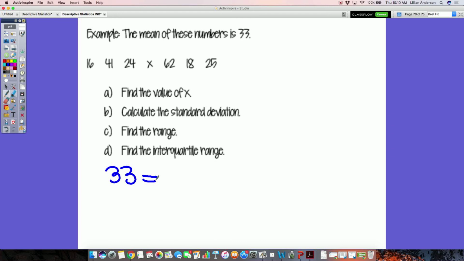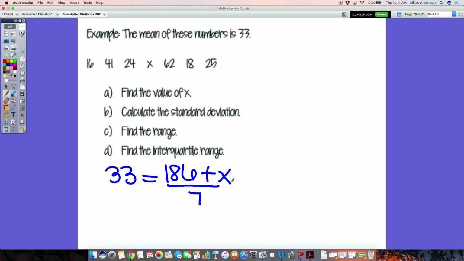So what are we going to do to all those numbers? We're going to add them together, and then divide by 7 because there are 7 numbers here. So when I add up 16 plus 41 plus 24 plus 62 plus 18 plus 25, you get 186. So it's 186 plus x.